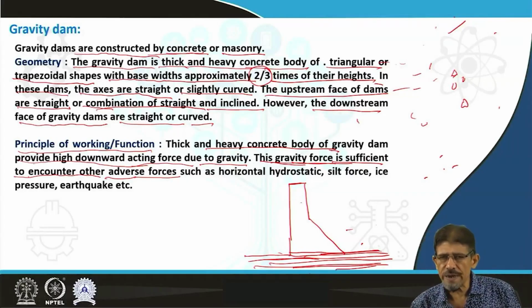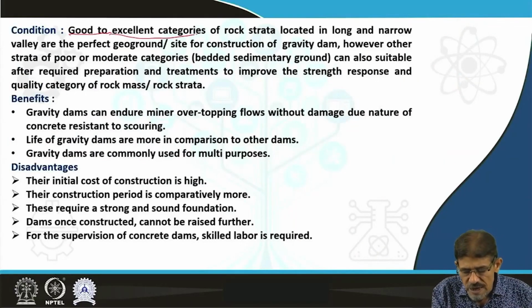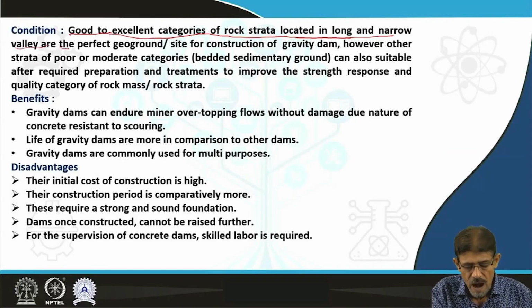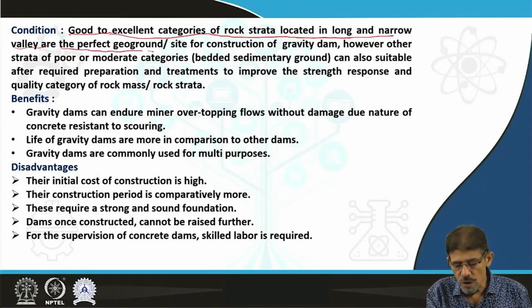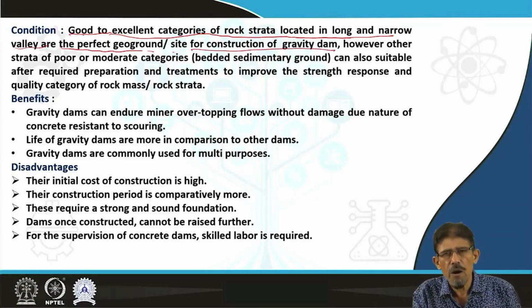So what is the condition in which this type of dam is suitable to construct? The good to excellent category of rock strata located in a long and narrow valley are the perfect geo-ground or site for construction of gravity dam. We have already discussed the quality of rock mass or rock strata based on the Q system, based on the RMR system.